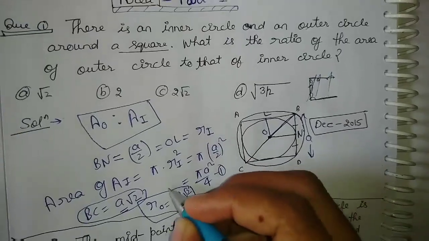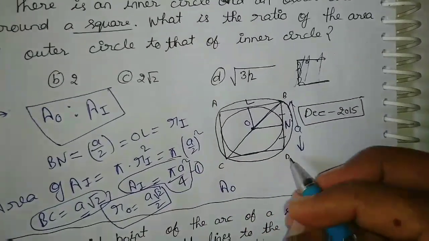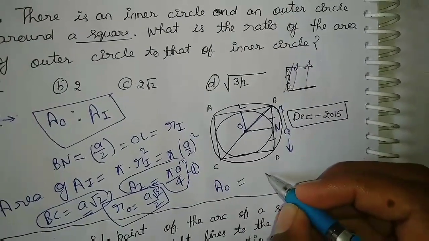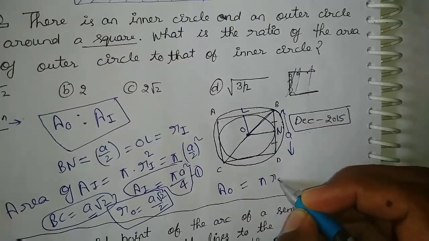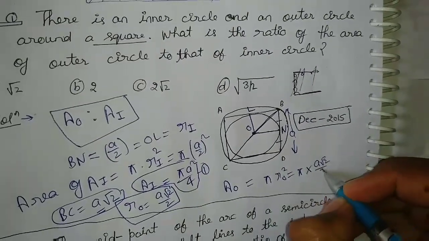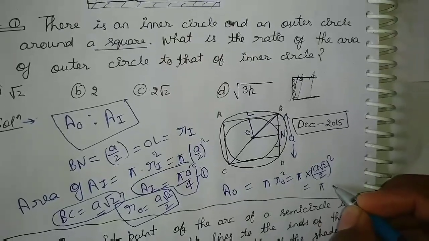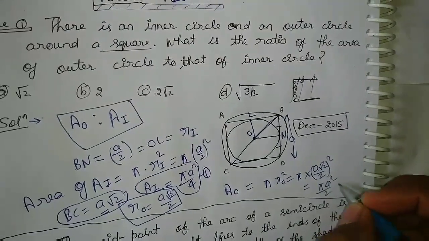So this is the area of the inner circle, pi A square by 4, and the area of the outer circle is pi RO square. This means pi into (A root 2 by 2) square. This means pi A square by 2.